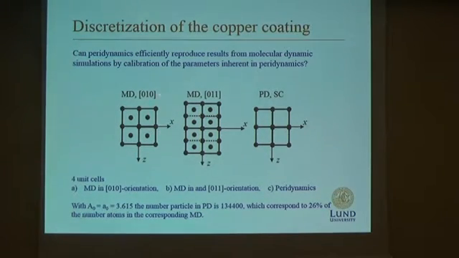We have investigated two different directions. In the MD simulations, those are schematic pictures of 4 unit cells. In direction 0, 1, 0, we have this kind of orientation. In direction 0, 1, 1, the same 4 unit cells will look like this. And when we have done that, we have introduced the peridynamic model, which is simpler.